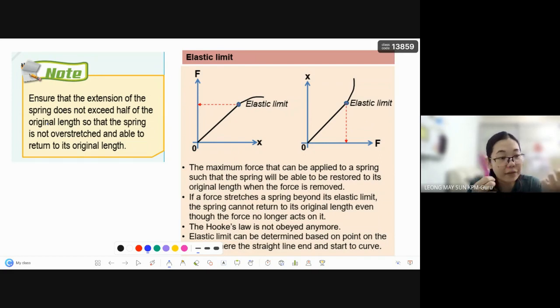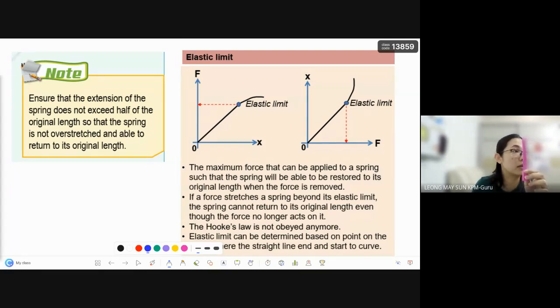If you exceed 15, you might overstretch the spring. So normally you have to observe. How we observe is that we slowly put the slotted mass on and then we take it out. Every single time we put a slotted mass inside there and we try to take it out back again.